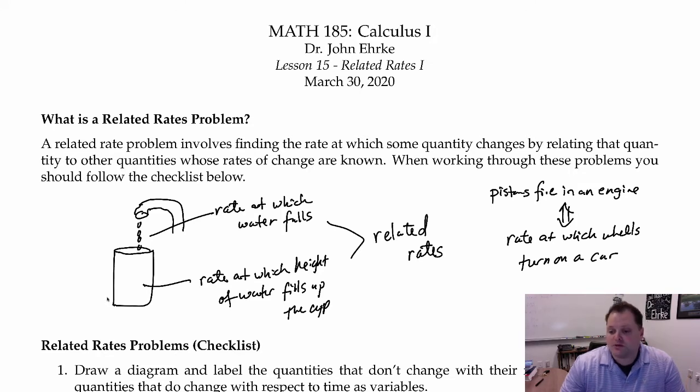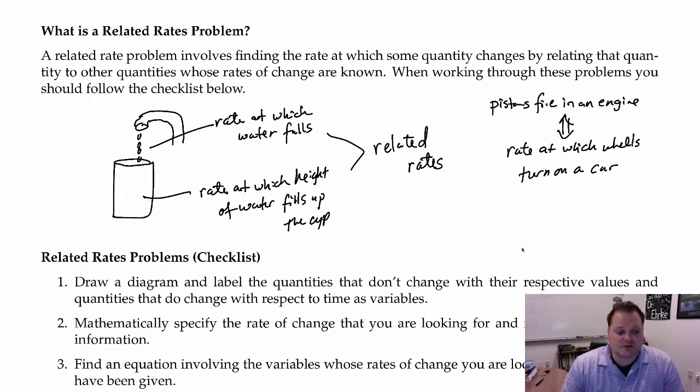Those two rates are related. The faster the pistons fire in an engine, the faster the wheels will turn on the car. Those two things are very much related. So we're looking at some way to quantify the relationship that different rates have.